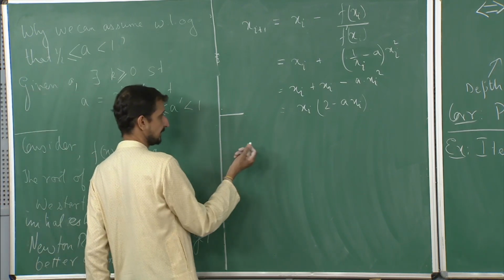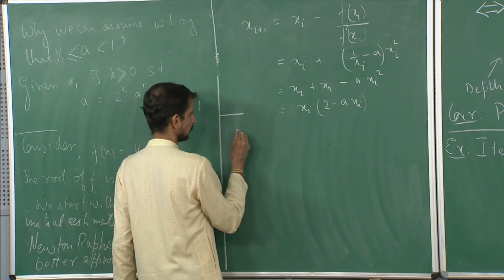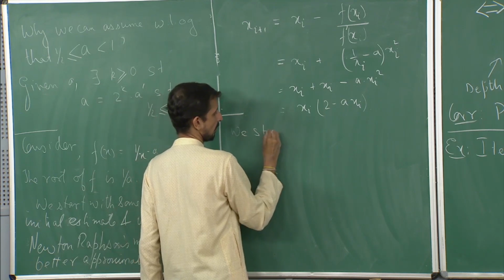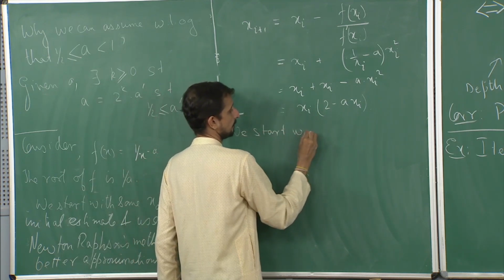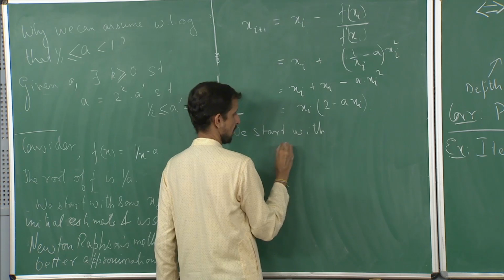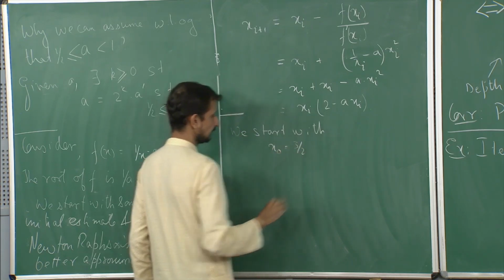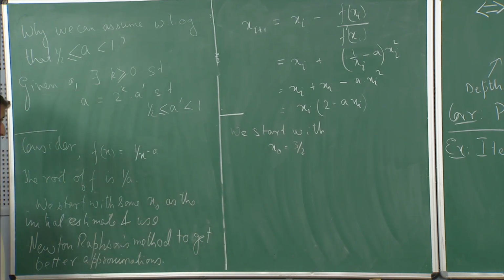So what is the initial value? We start with x0 equal to 3 over 2.